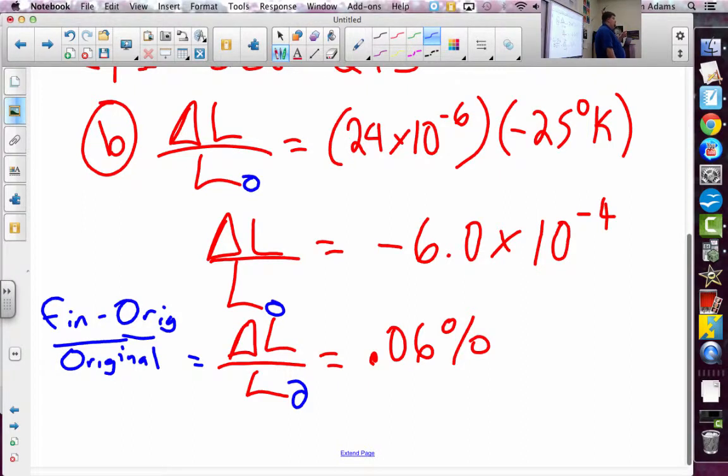You're going to take the theoretical minus the empirical all over the theoretical. And then there's observations too. But basically it's delta L over L naught, or not L naught, it's delta whatever over whatever. Does that make sense to you guys?